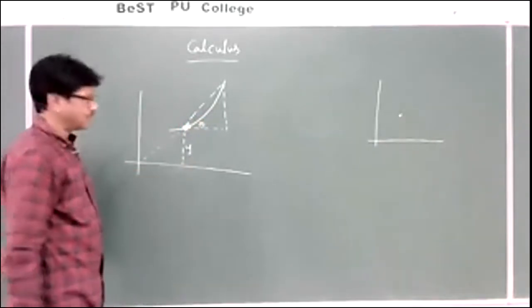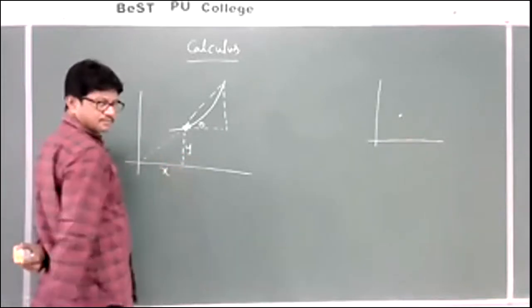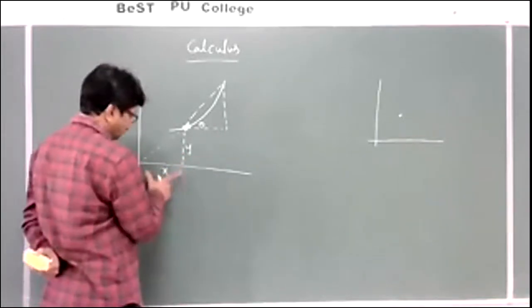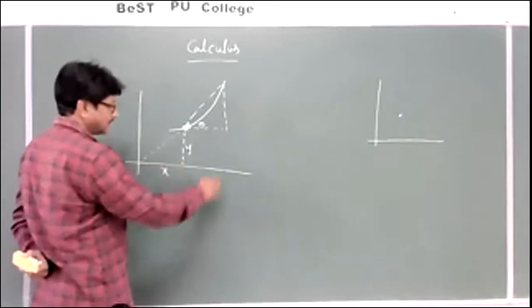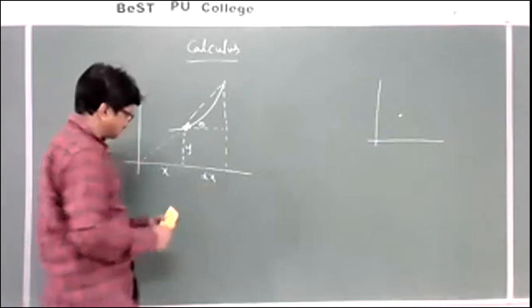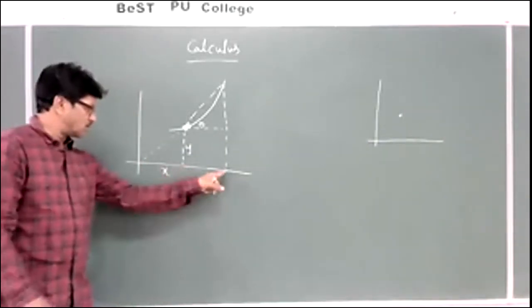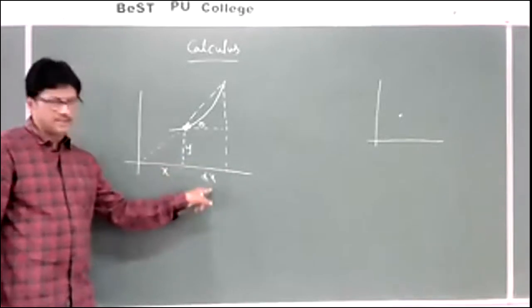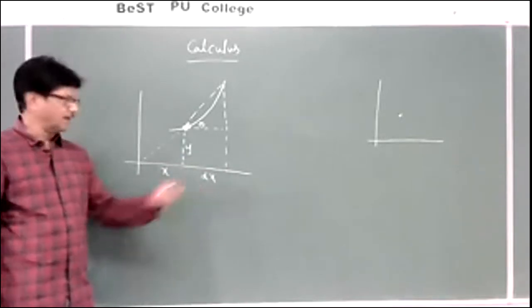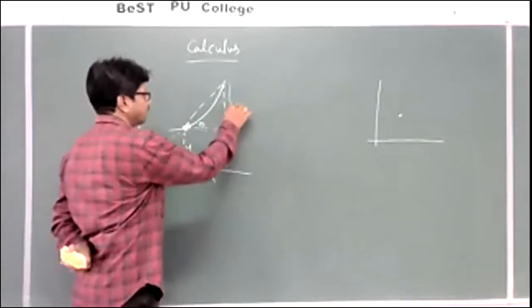Then this is x, up to here, x. And this is a small change in the x value. So the total position is now x plus dx.